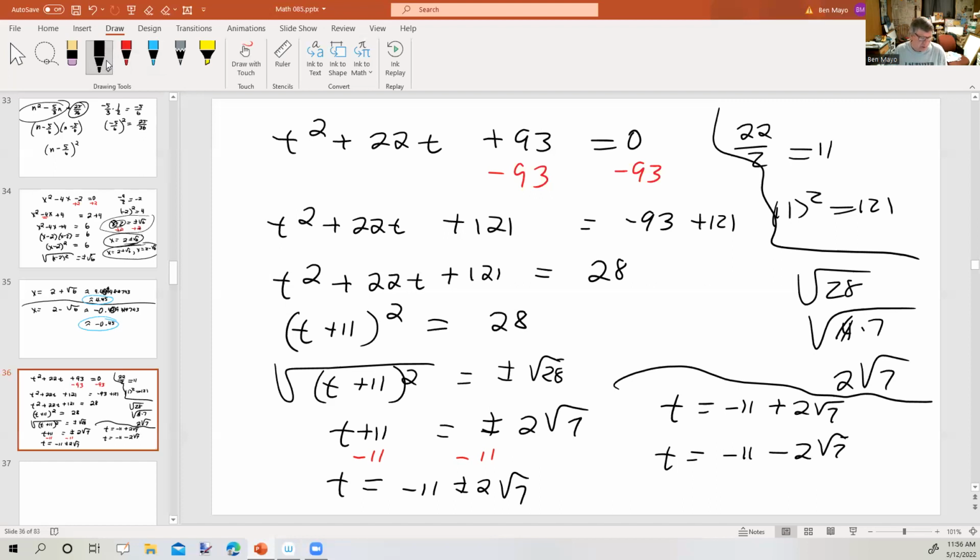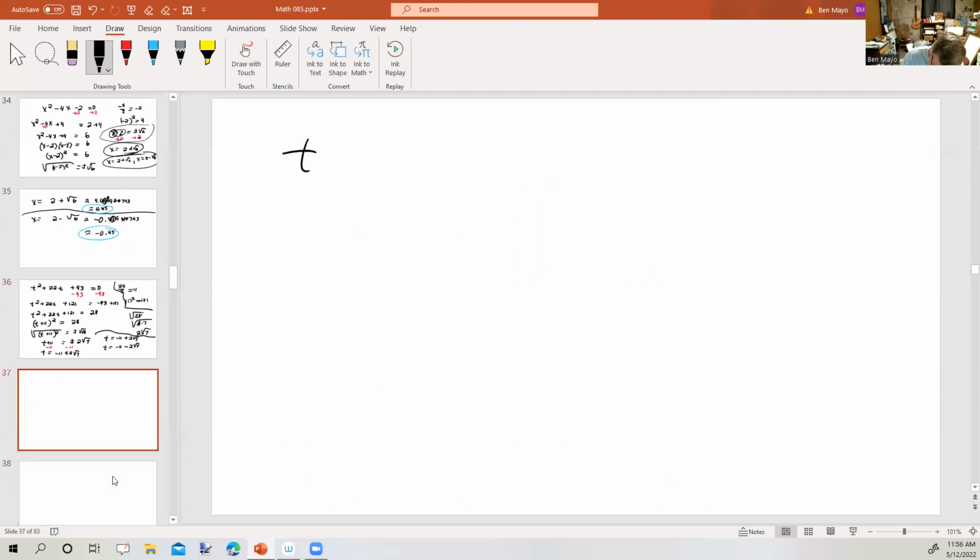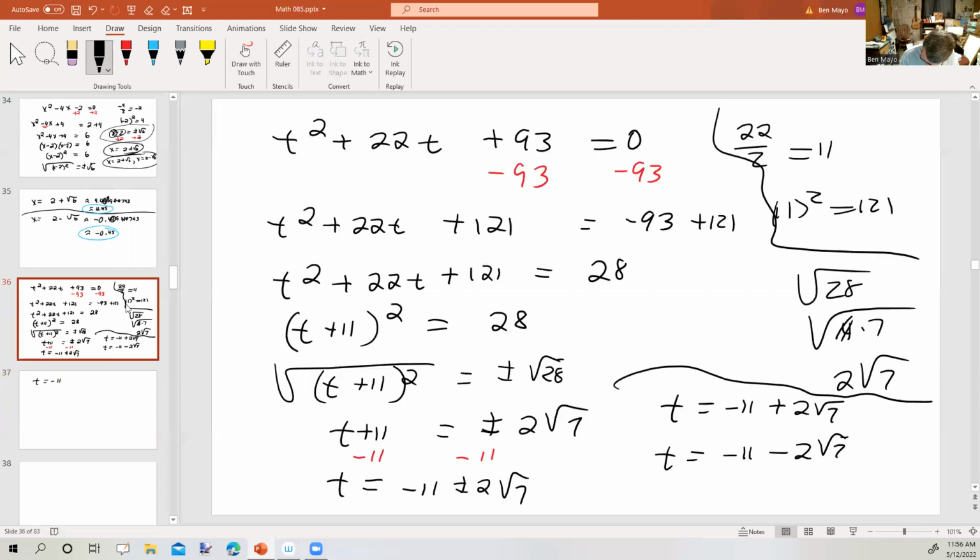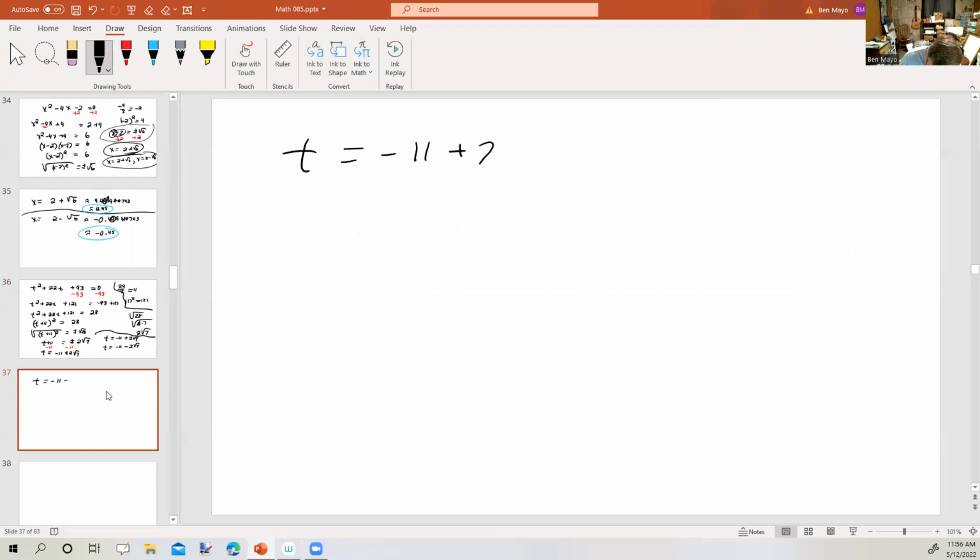And in a minute, I'm going to rewrite those on the next page, and we'll put them into the calculator to get decimal approximations. Are we ready to go on to do that, or are you still writing? Ready. Okay, t equals negative 11 plus 2 square roots of 7, negative 11 minus 2 square roots of 7.